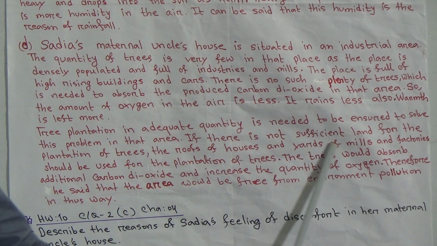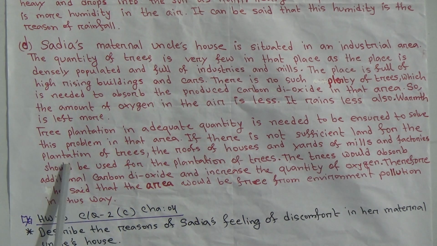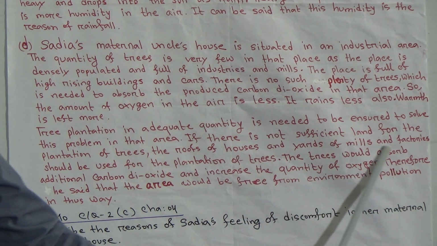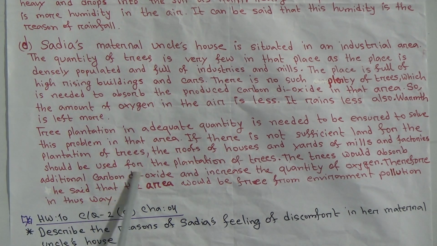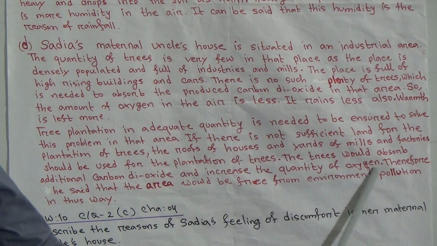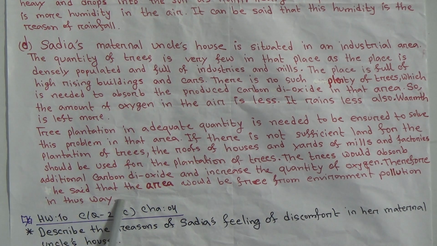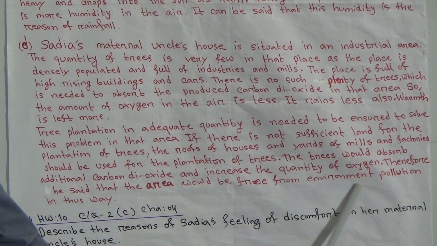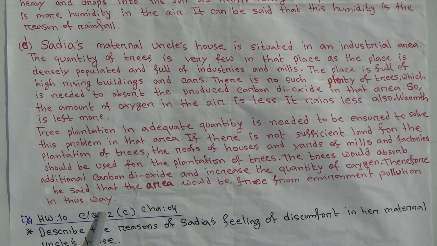If there is not sufficient land for the plantation of trees, the roofs of houses and the yards of mills and factories should be used for the plantation of trees. The trees would absorb additional carbon dioxide and increase the quantity of oxygen. Therefore, he said that the area would be free from environment pollution in that way.